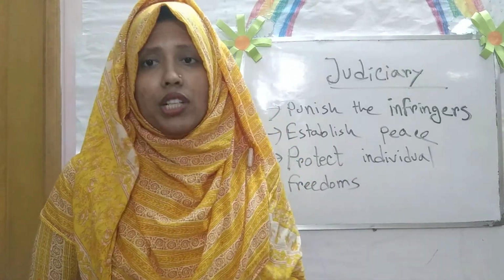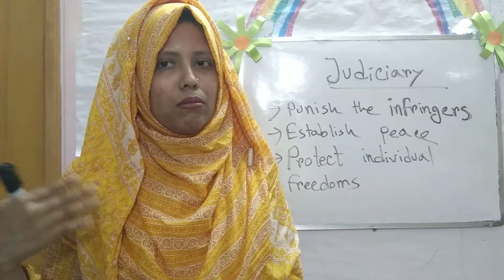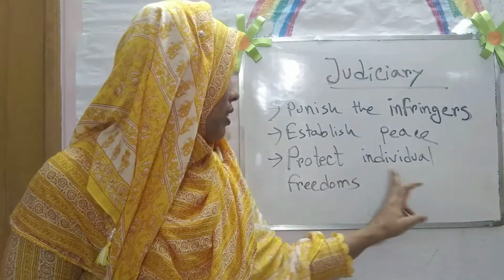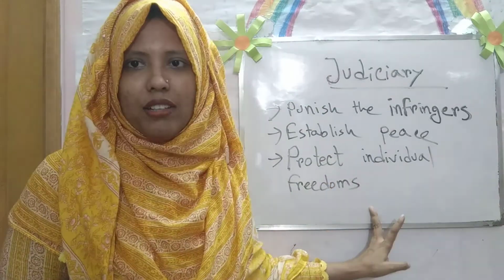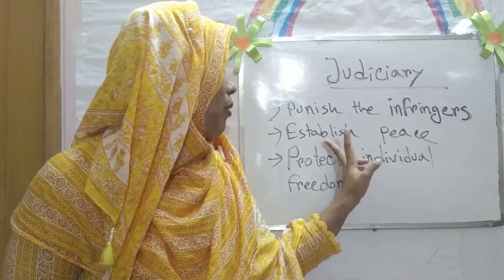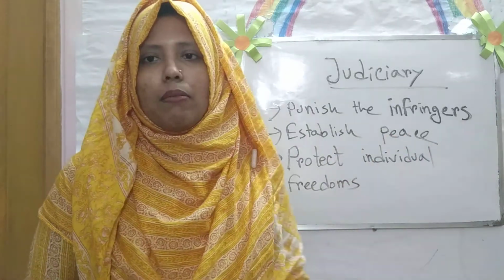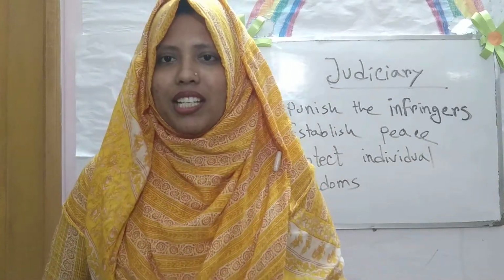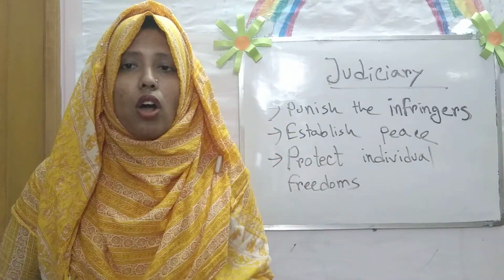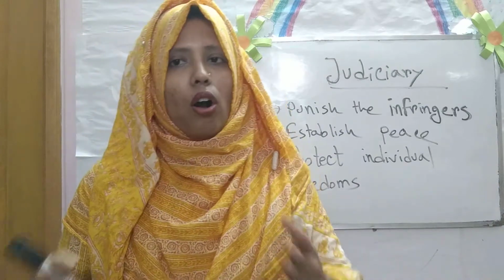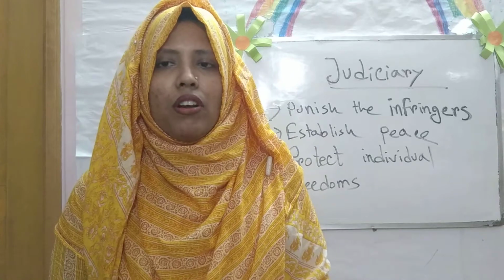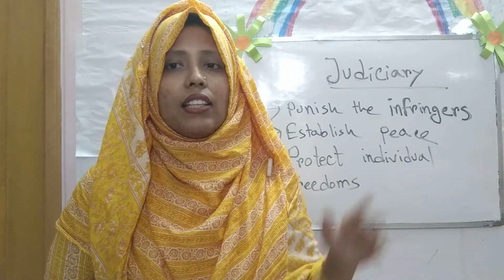I hope our judiciary group will work for protecting our individual freedoms, and at that time our peace is established. Who are the members of the judiciary group? Students, all of the lawyers and all of the justices of Bangladesh are the members of the judiciary group, and they work for establishing peace.